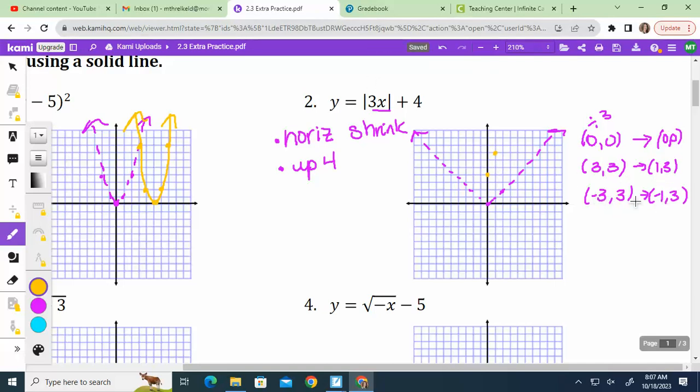Okay, so my -3, 3 turned into -1, 3 is the point on this graph. And then up 4. So we get the same shape, just a really skinny graph that's been moved up. Is that one okay?